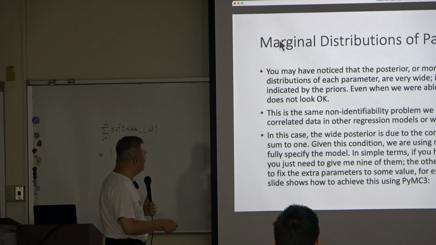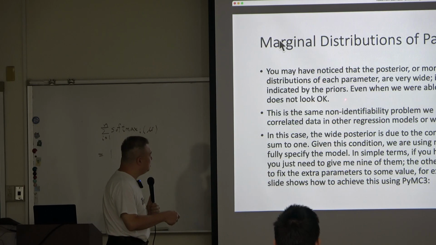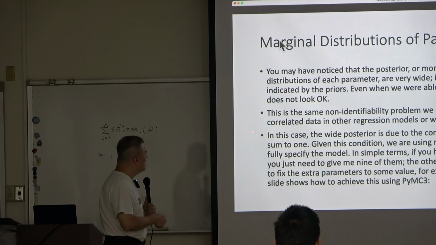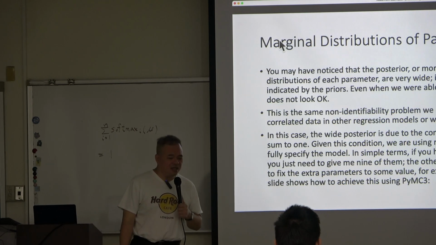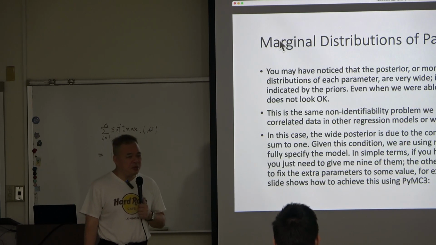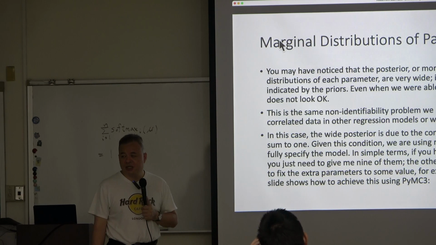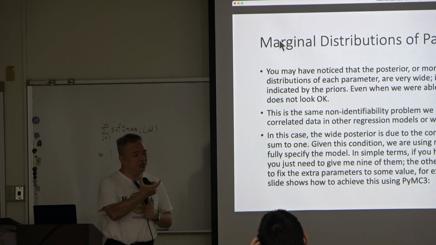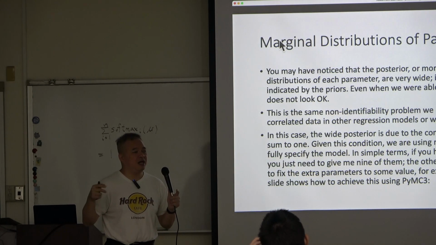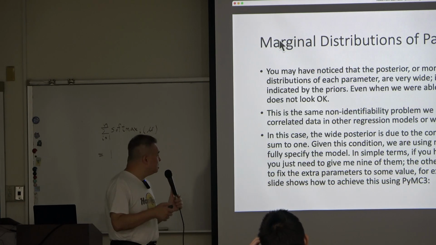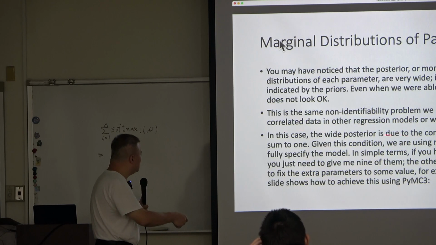What happens? This is the same non-identifiability problem that we already encountered for correlated data in the regression model. Remember, if you have two variables that are very highly correlated, it is difficult to control the posterior of those highly correlated parameters. That's pretty much the same issue here.